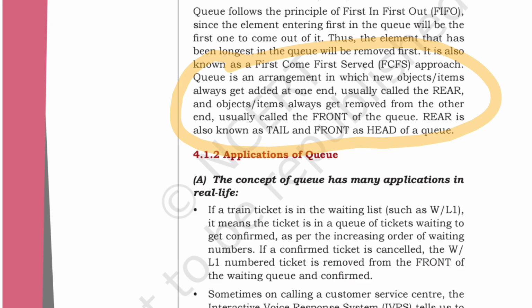Objects or items always get removed from the other end, called the front end of the queue. Rear is the tail and front is the head of the queue. Understood?